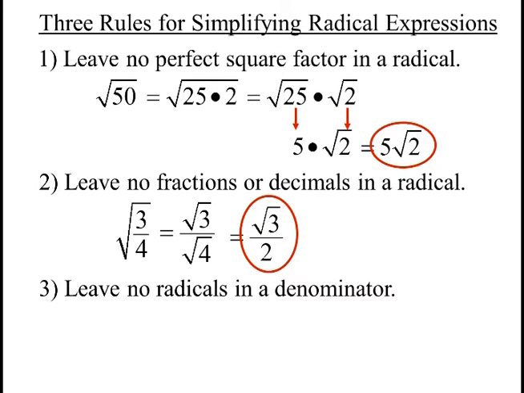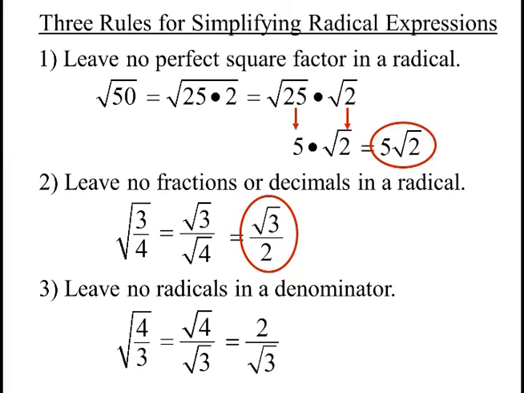Finally, rule number 3, leave no radicals in the denominator. Often on tests, they'll say rationalize the denominator. I'm going to show you what that means. Right now, we're breaking rule number 2. You can't have any fractions in a radical. So we break it up. Root 4 is going to be 2. Now you have 2 divided by root 3. Your denominator is irrational. We need to rationalize that denominator.